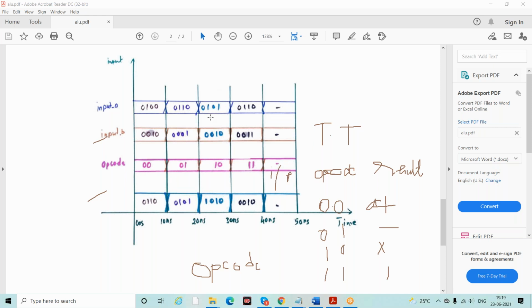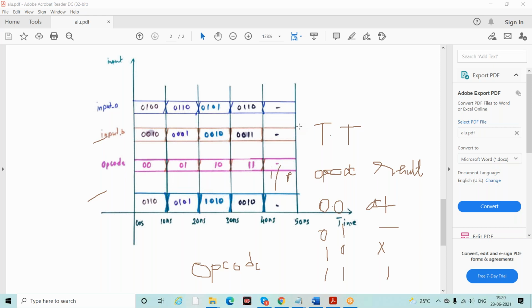Here I will take another input: this is 5, this is 2. Multiplication means 10, 1 0 1 0. Then this is 6, this is 2. 1 1 means division, 6 divided by 3, and the result is 2. So likewise you can continue.